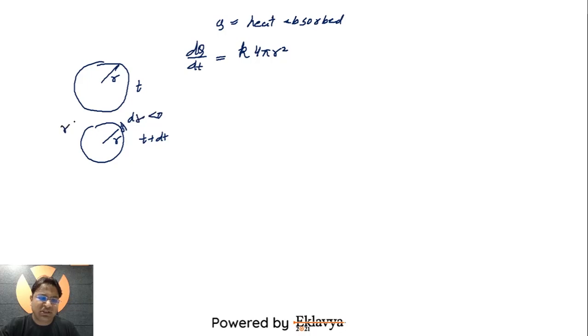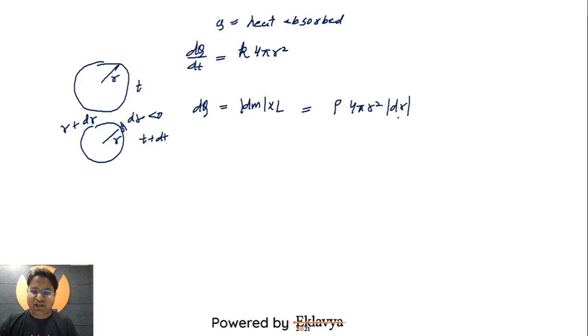So dq amount of heat should be equal to mod dm into the latent heat L, and mod dm can be written as rho into 4 pi r square into mod dr. So that surface area into the thickness of the layer lost becomes the volume, volume into density becomes the mass, mass into latent heat becomes equal to dq.